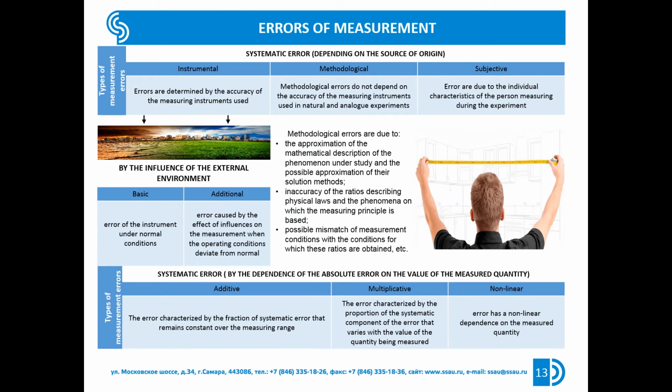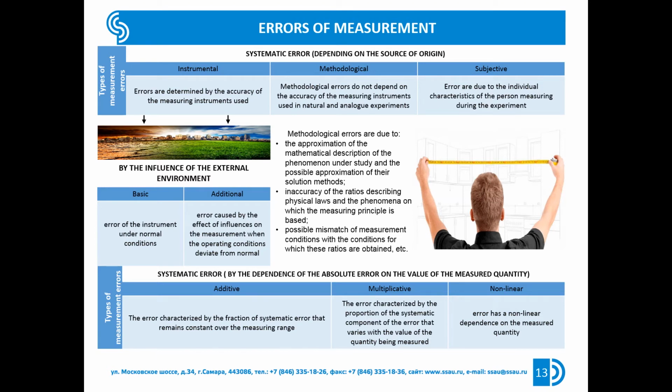According to the place of origin, errors are divided into instrumental, methodological, and subjective. Instrumental errors are determined by the accuracy of the measuring instruments used. It is generally accepted to distinguish between basic and additional errors. The basic error of a measuring instrument is the error of the instrument under normal conditions.